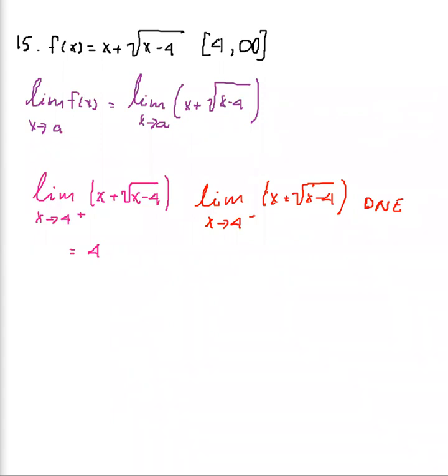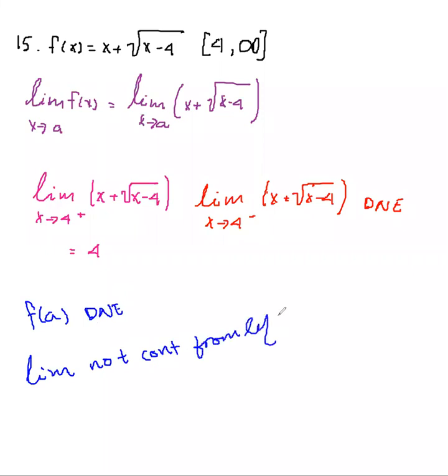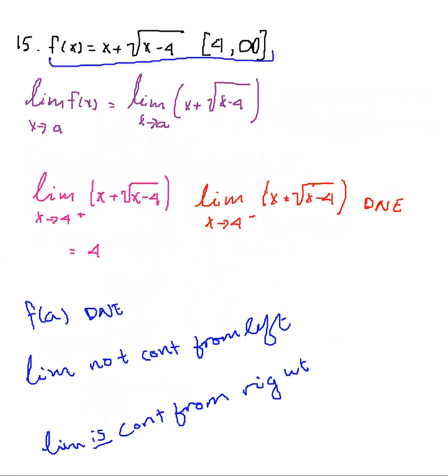So that's what's going on here. The number f of a doesn't exist here. And then the limit is not continuous from the left, but it is from the right. And that's what we care about. So we can say that this function is continuous on that interval. Okay.